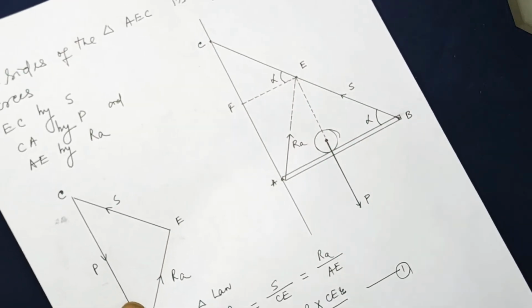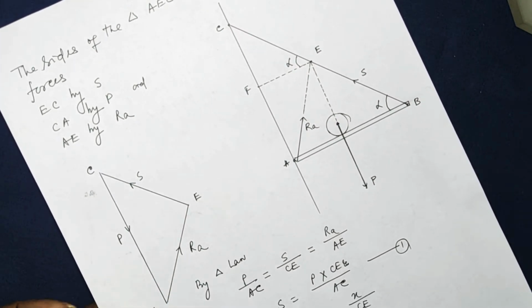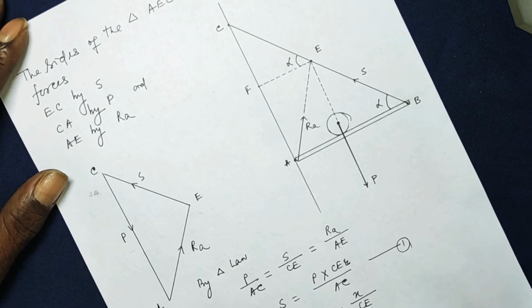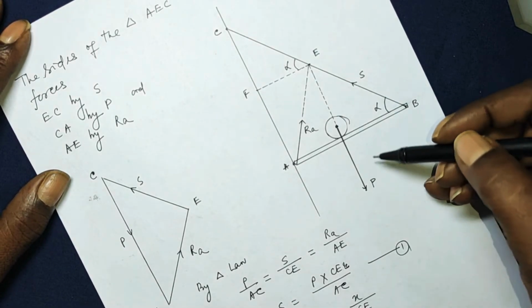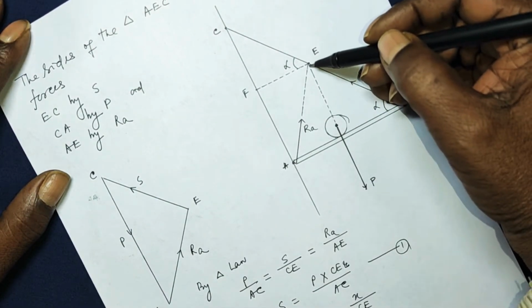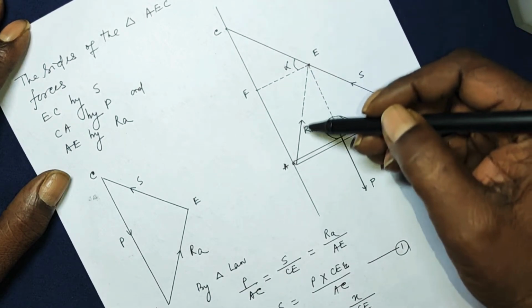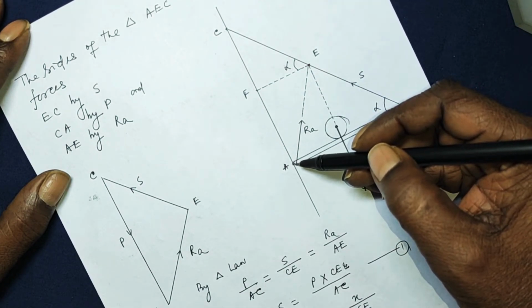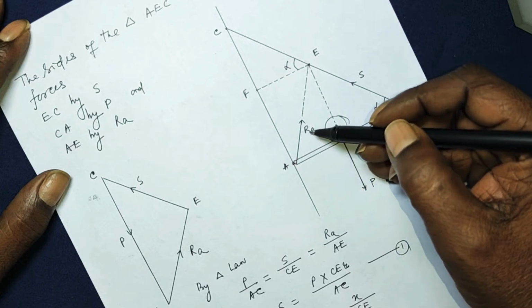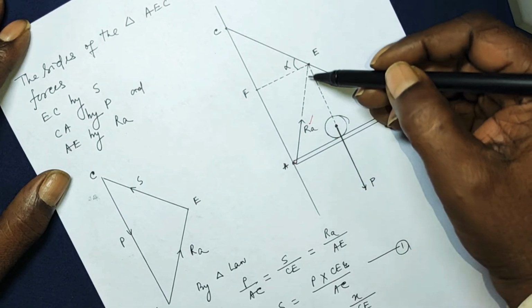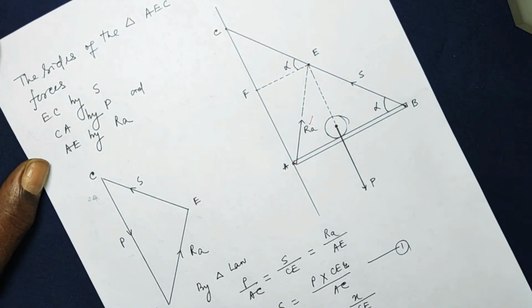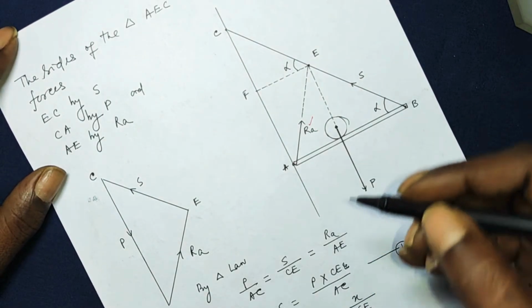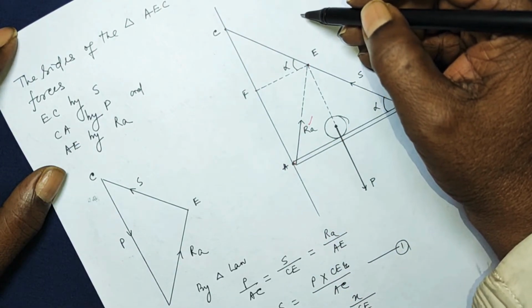Now look at the diagram, redrawn for you. This is the line of action of P meeting S at point E. So the conclusion is the reaction force RA should also pass through the same point E. As you know, a vector can be shifted parallel to itself.